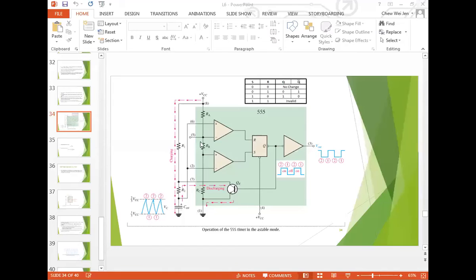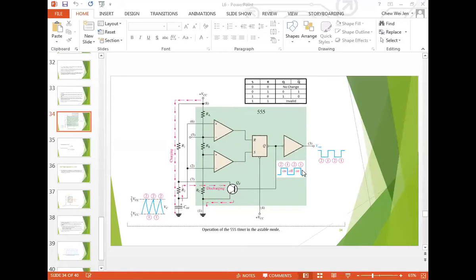So your R1 value is here, R2 value here, the external C value. When they mention R1, R2, and C, they are referring to this image.